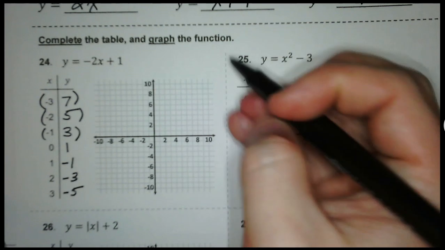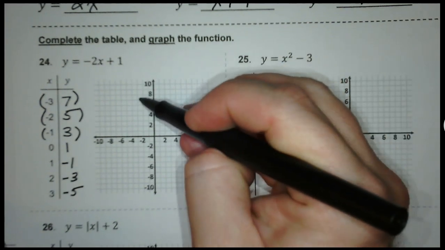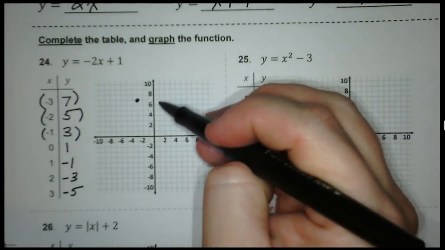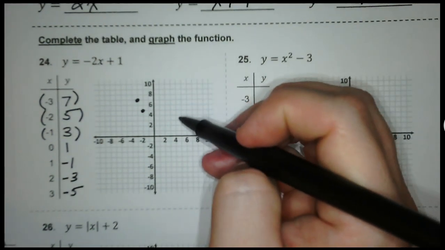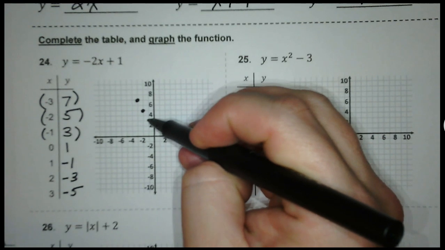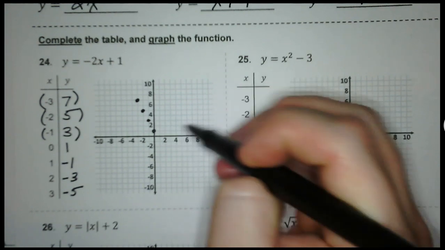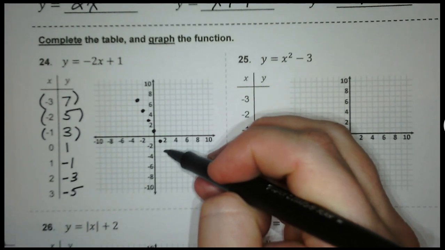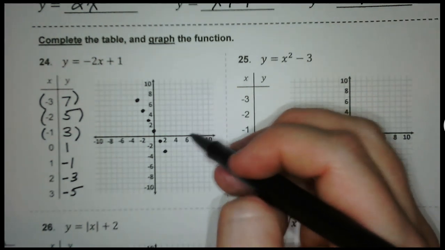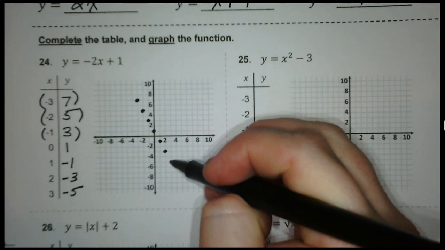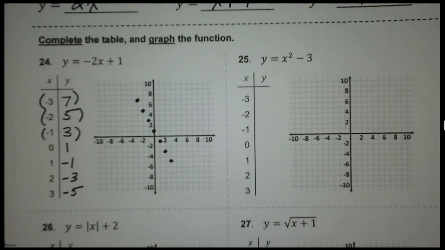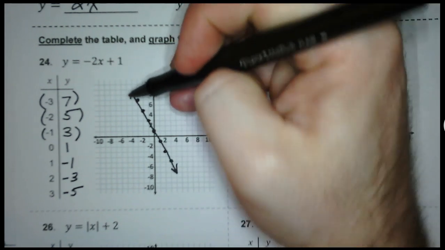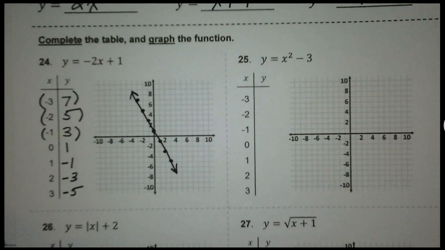So -3, 7, right there. -2, 5, -1, 3, 0, 1, 1, -1, 2, -3, 3, -5. I hope I don't make a stupid mistake here. Alright, so it turns out that this equation just makes this downhill line.